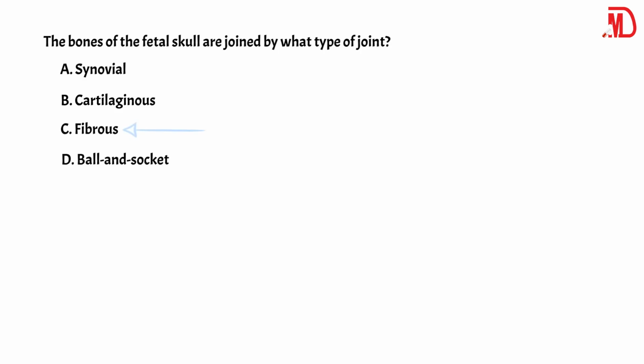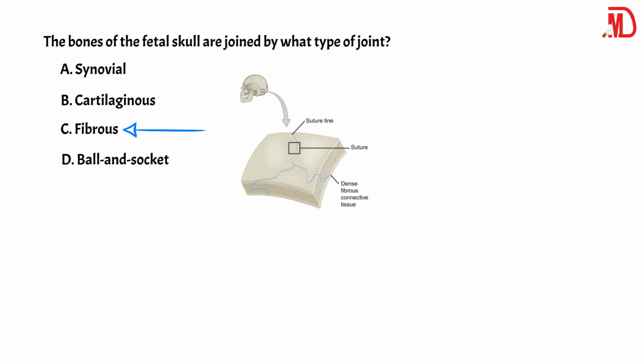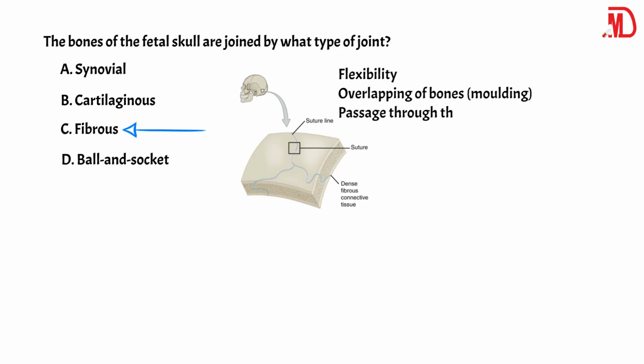Fibrous. The bones of the fetal skull are joined by fibrous joints, specifically sutures between skull bones and fontanelles, membranous gaps. These fibrous joints allow flexibility, overlapping of bones, molding, and passage through the birth canal.